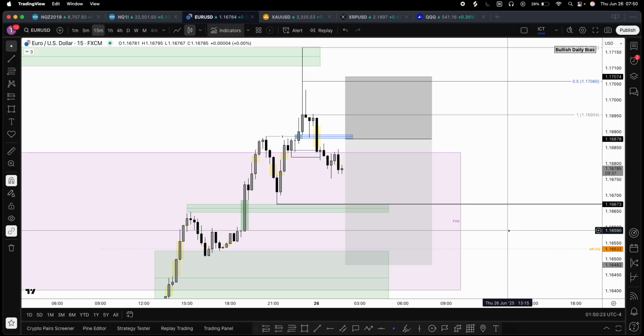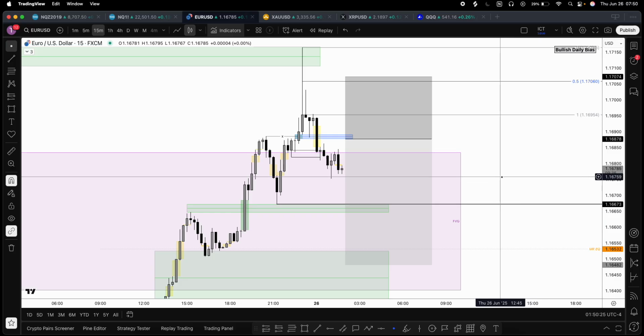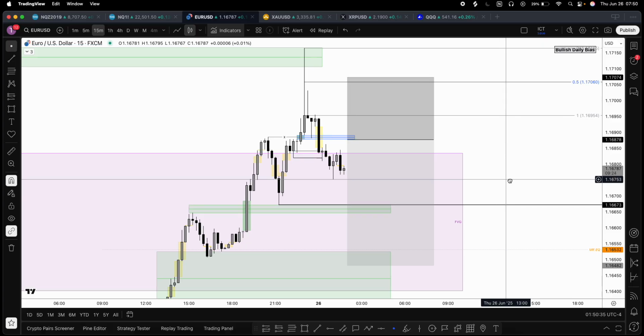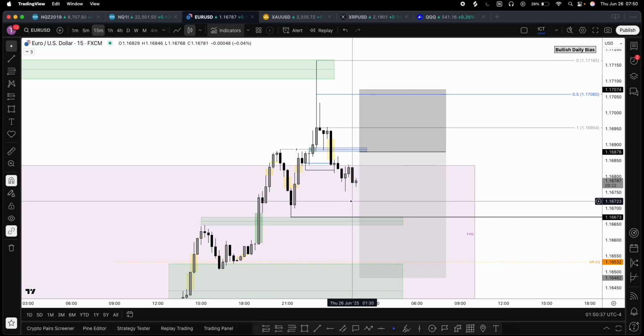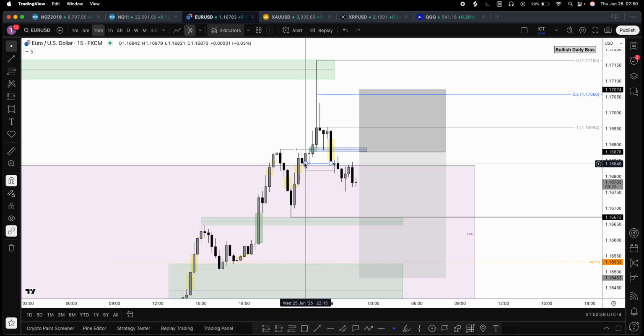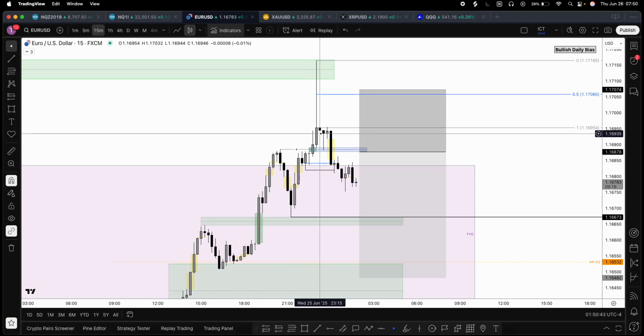It's not the cleanest entry model. It's hard to explain why I think that, but I think it's because this series of up close candles is kind of smushed together.